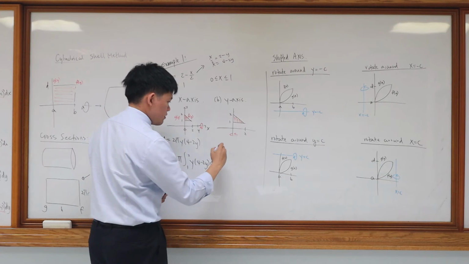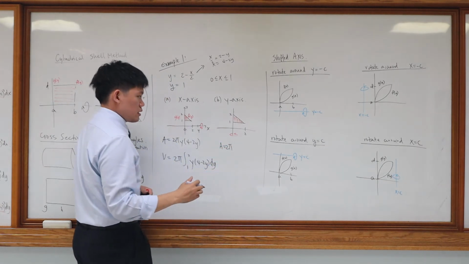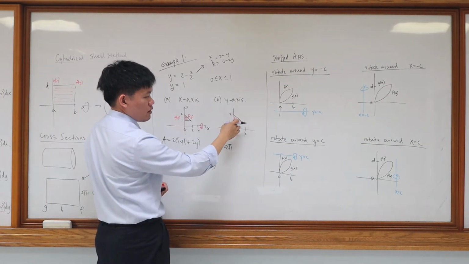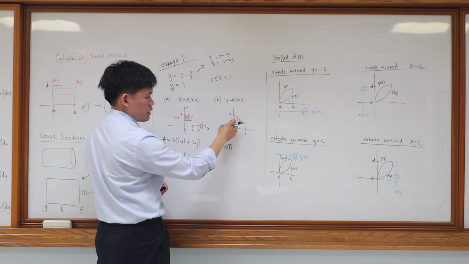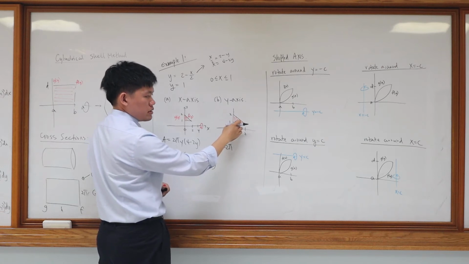So that means my area function A is equal to 2 pi times my radius. Okay, my radius in this case is just going to be dependent on how far I am in here. So at 0, my radius is 0. At 1, my radius is 1.